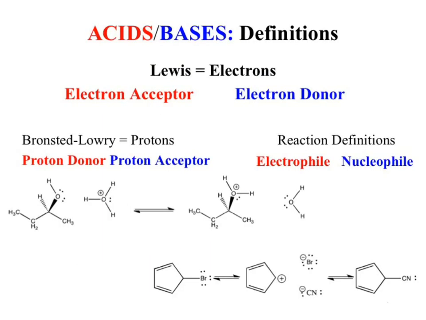Okay? So, back to our acids and bases, looking at our definitions. Okay? When I refer to acids and bases, I'm referring exclusively to one of the 3 definitions up here. That definition is Bronsted-Lowry. Okay? Yeah, it was a 1 out of 3 shot, not a bad try. Okay?